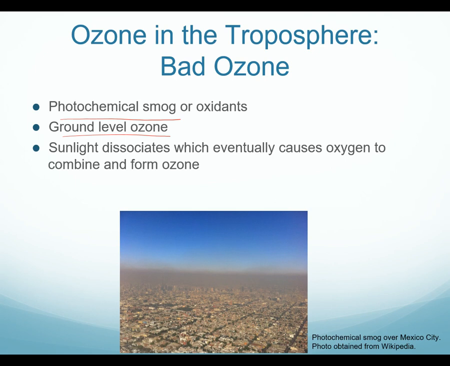Basically, sunlight dissociates many of the pollutants, which then combine with oxygen to form ozone. And that ozone then builds up in concentration, building up large amounts of smog in cities.